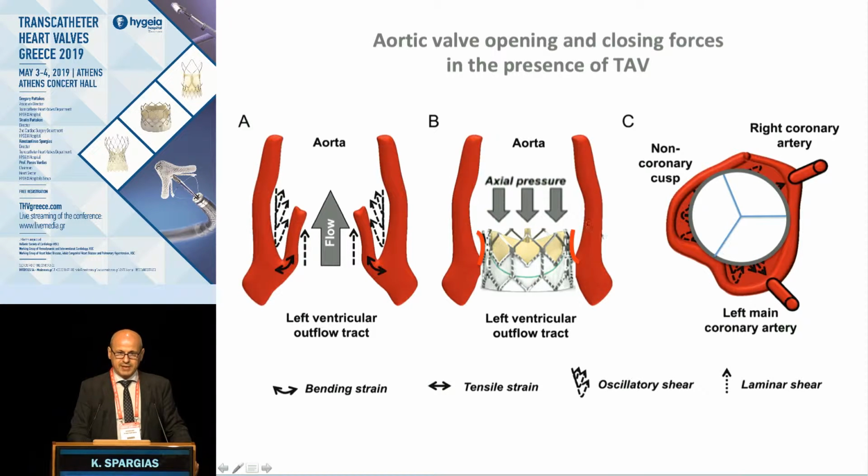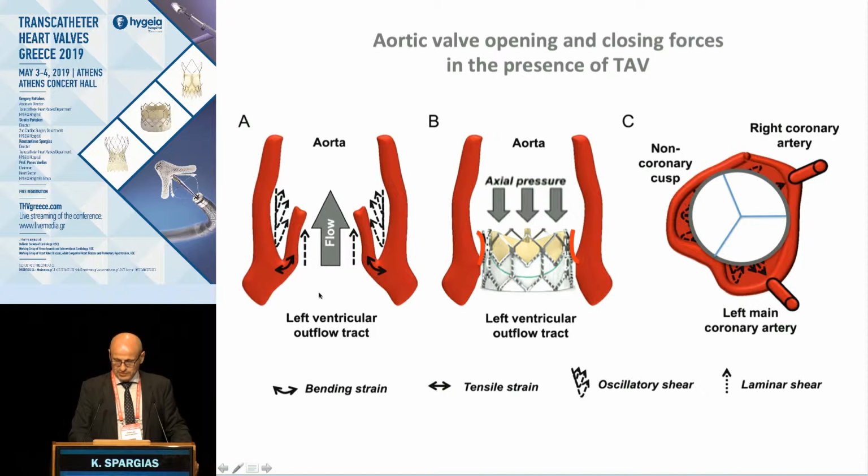And when we put an annular valve like SAPIEN, then we create a cage here because we have the native leaflet outside. So all these vortices that are coming from outside of this cage cannot be transferred, cannot move and be used to close the leaflets.